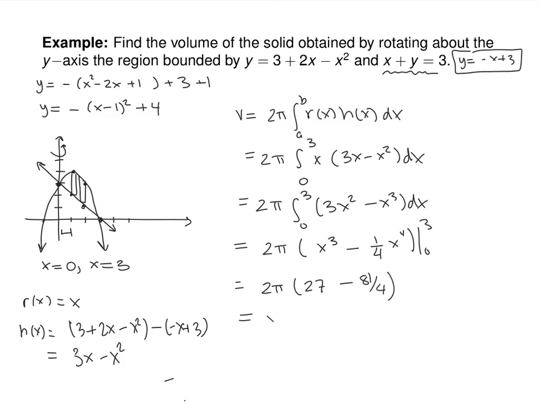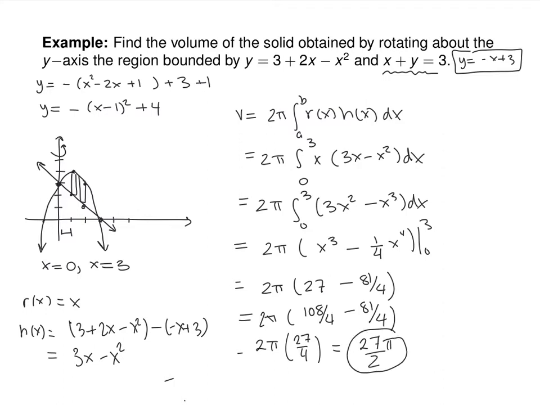Getting a common denominator, it's 2 pi times 108/4 minus 81/4, or 2 pi times 27/4, which gives us 27 pi over 2 for our final volume.